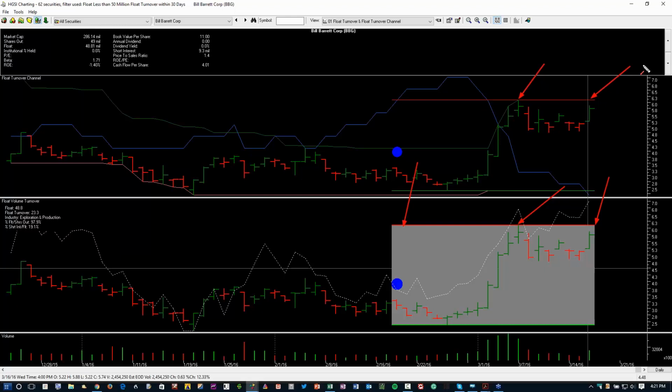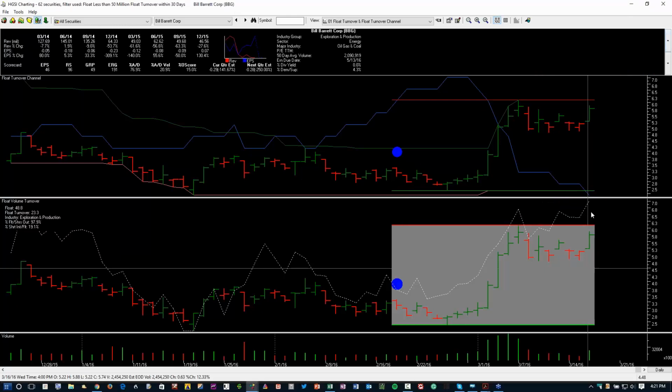If oil continues to go up, this stock is probably going to go up. That's why I always put these group lines in here. I keep harping about the group lines because they're so important.